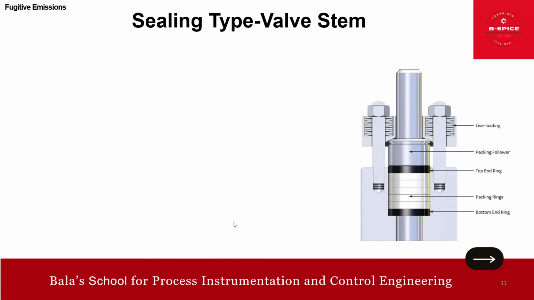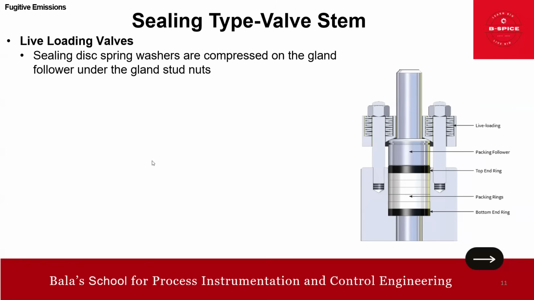Now, live loading. As you can see here, the live loading concept I have already discussed. You can watch and get benefited. I will also give the same playlist, control valve specification. There we talked about live loading in detail. So here the sealing disc spring washers are compressed on the gland follower.